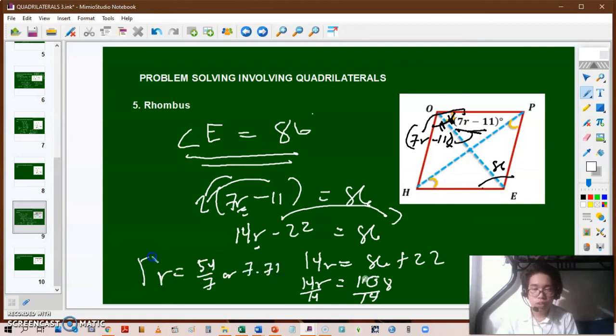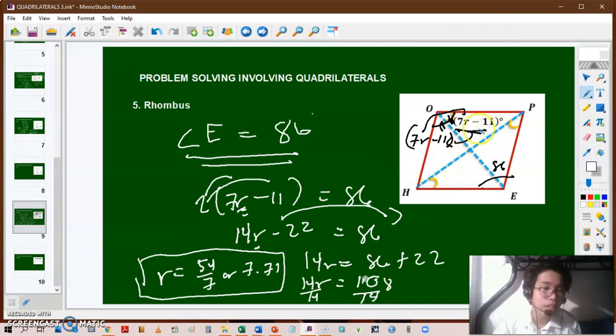So now we have solved for the value of r. You just have to remember that the two angles that are created when the diagonals bisect each other are congruent. So 7r minus 11 is of course congruent to 7r minus 11, and the value of r is 54 over 7.